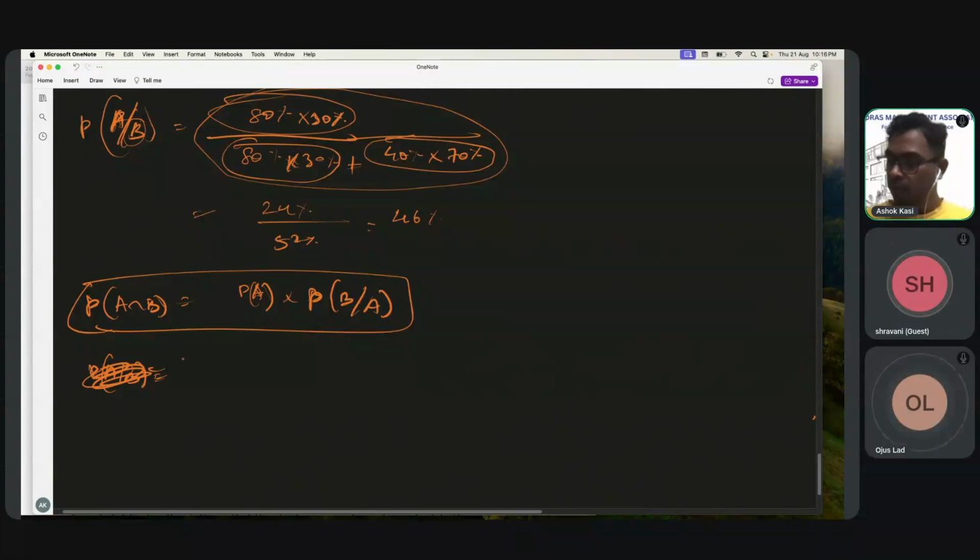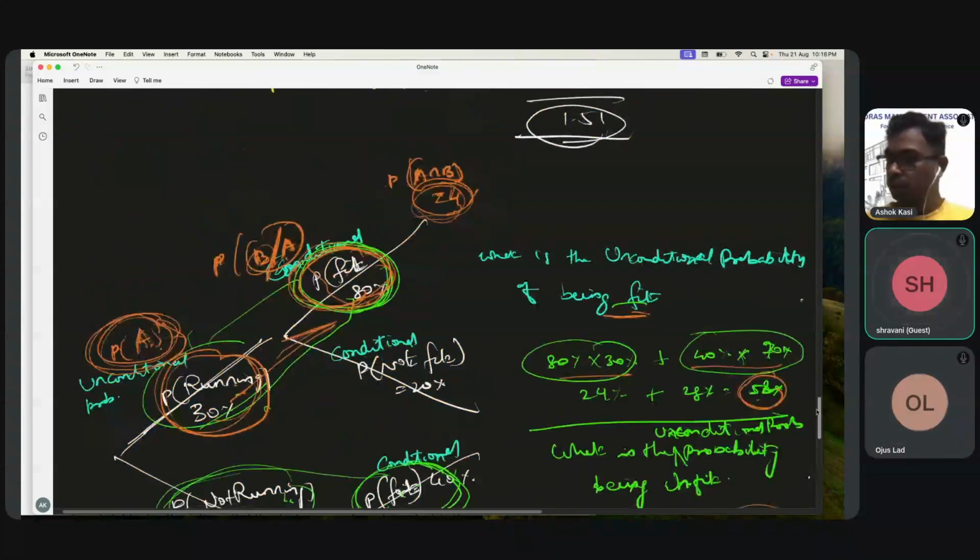Now I can also say probability of B intersection A. That means both are same only, A intersection B or B intersection A. I can say probability of B, because this time B is happening first, and then probability of A given B.